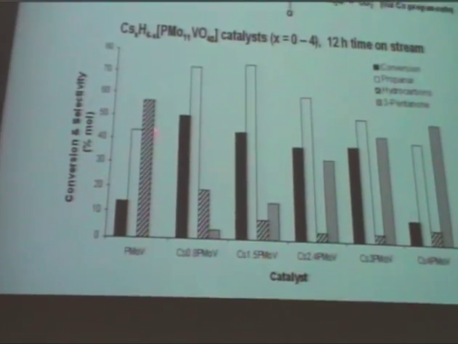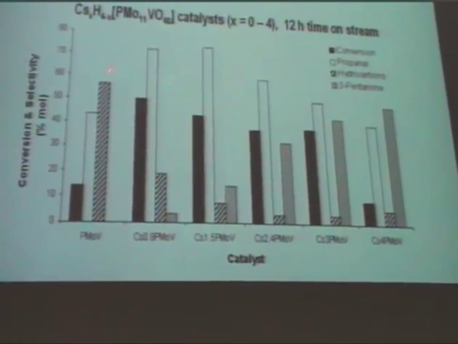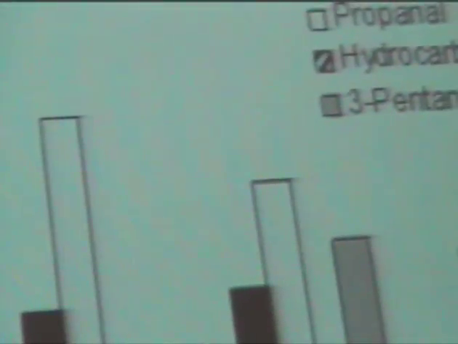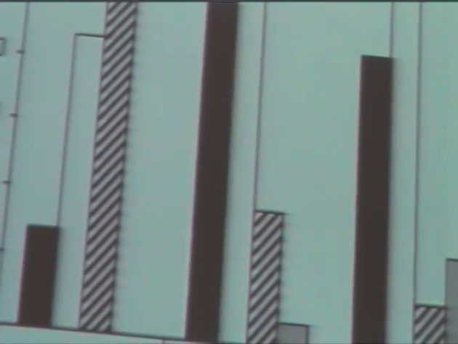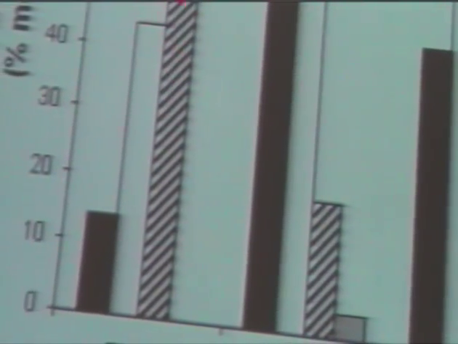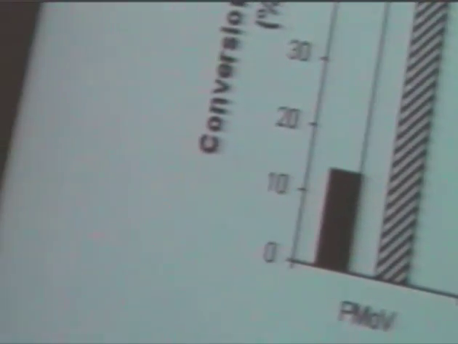The parent heteropoly acid shows very high activity, that's formation of hydrocarbon, propane, with no ketone formed. Open bars represent the selectivity to desired propanol.